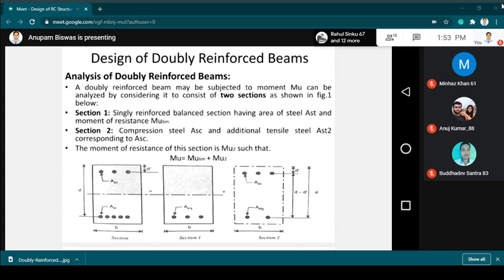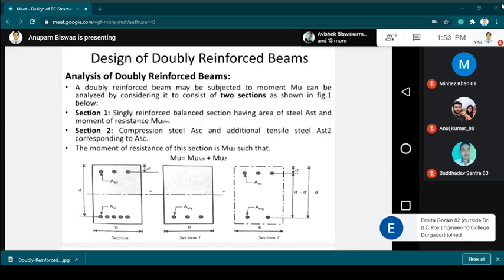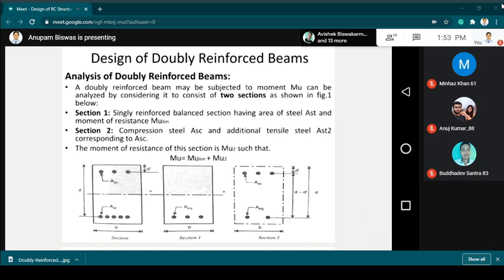Now if you see section 1, the moment of resistance, as we have seen till now, is Mu limit. This Mu limit is dependent on the tensile steel. Now you see section 2.